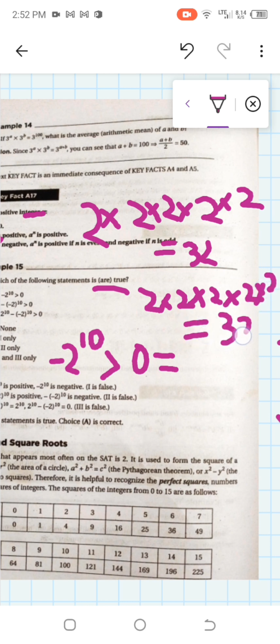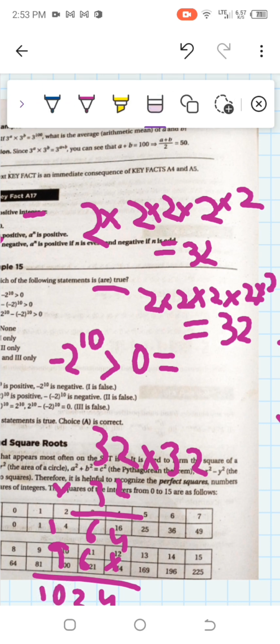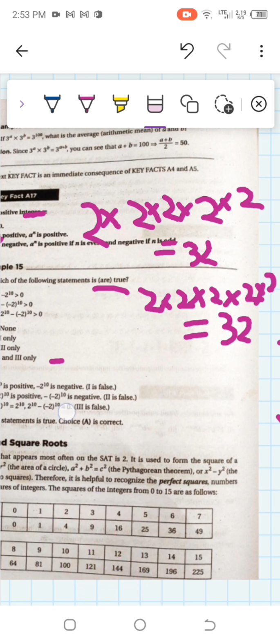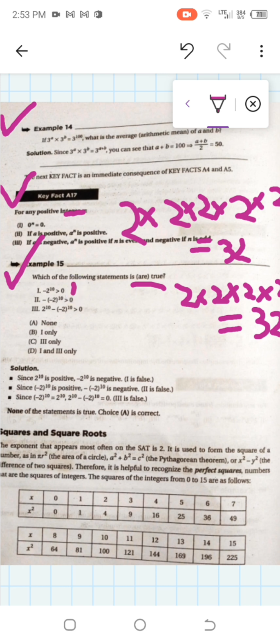So 10 times means 32 into 32, which is 1024. So this means 1024 is greater than 0.